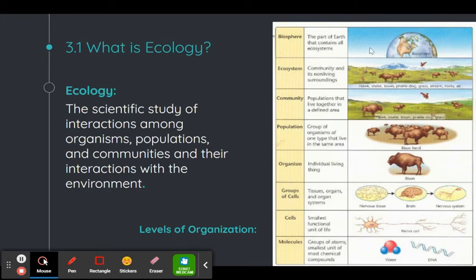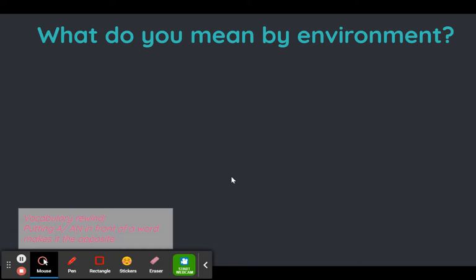And then the biosphere, bio, living thing. The biosphere is the part of the earth that contains life. So it contains all of the ecosystems. So those are your levels of organization. And we primarily think about these levels from organism on up when we talk about ecology.